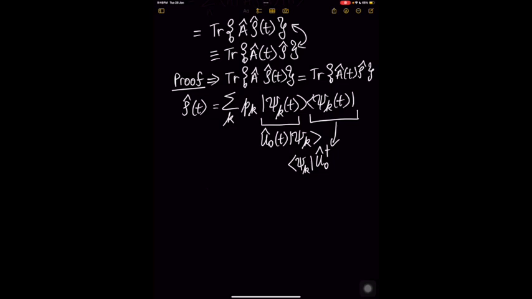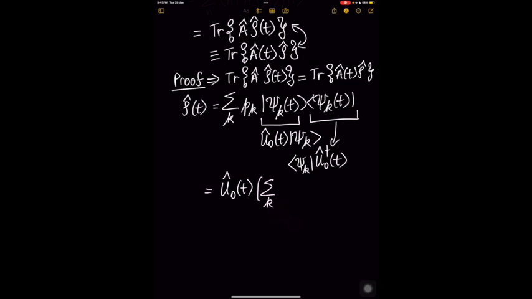And this will be equal to, I can take the U hat(t) and the U hat dagger(t) out of the summation over k, because it doesn't have any dependence on which quantum system it is evolving.